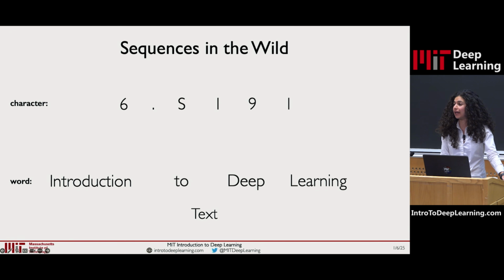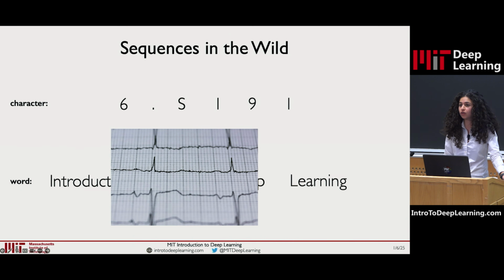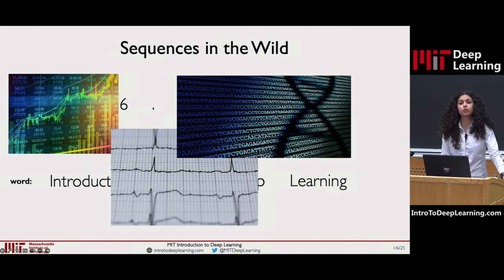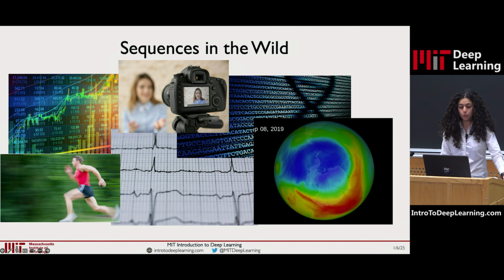Beyond this, there are many more cases in which sequential processing becomes apparent, from medical signals like ECGs, to stock prices in financial markets, to biological sequences like nucleic acids or protein sequences, to weather, to motion, video, and more.